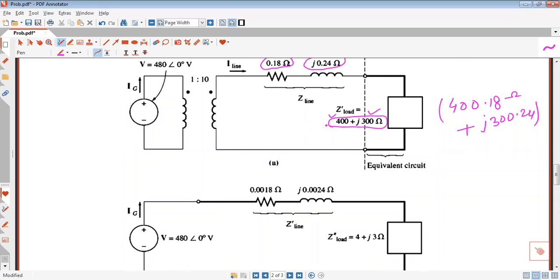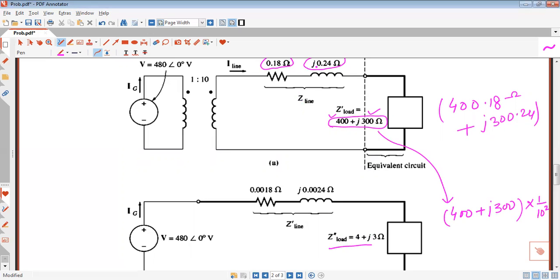So when we bring this side to this side, the transformation for this impedance will be 400 plus J300 multiplied by 1/10 squared. So it will be 4 and it will be 3 here. So this is written, Z double dash load will be like this.